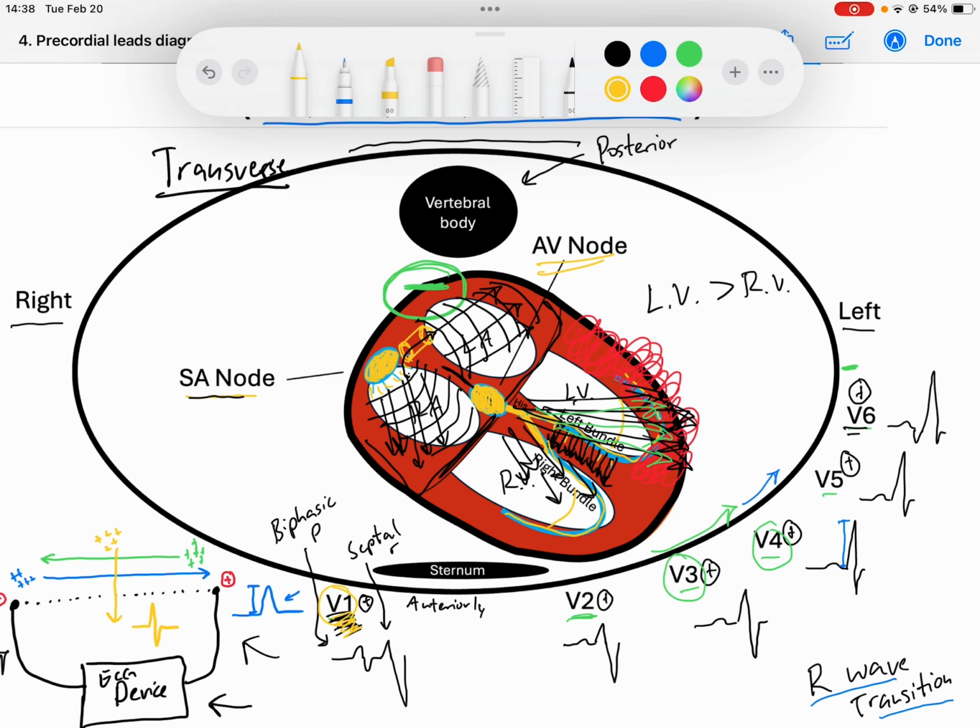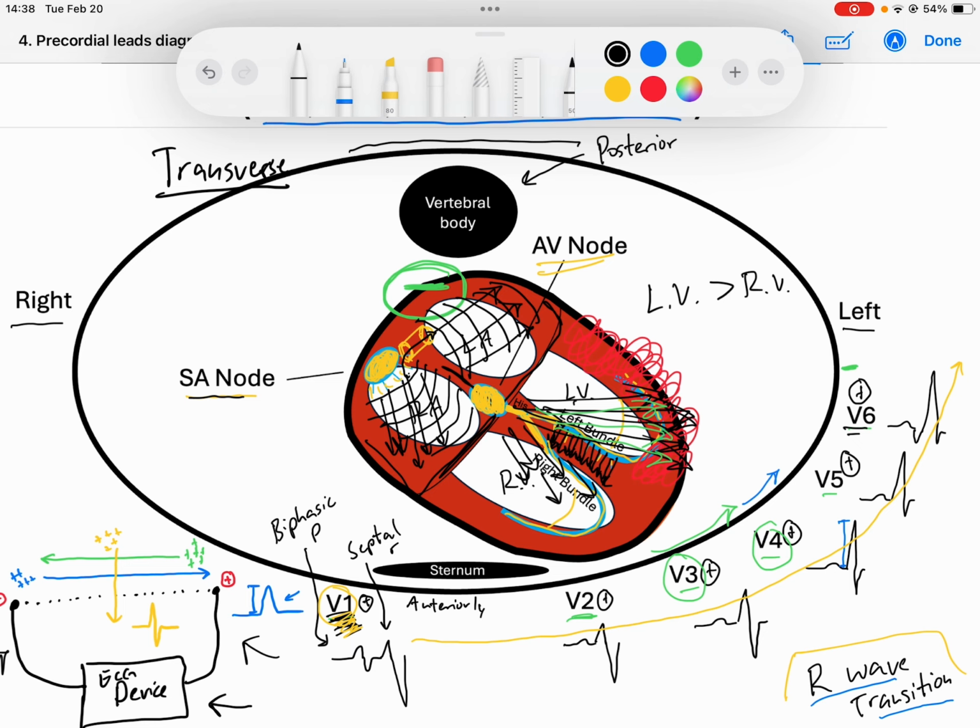So we call that R wave transition, where we see this small septal R wave here in V1 as we transition through V2, V3, V4, V5, V6. The R wave grows, and we call that R wave transition, and that's normal behavior. So let's review that.